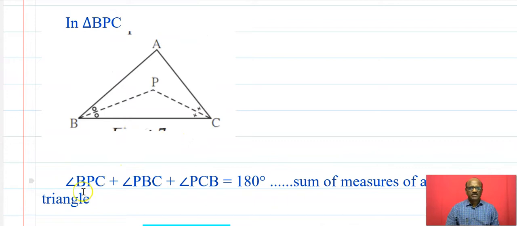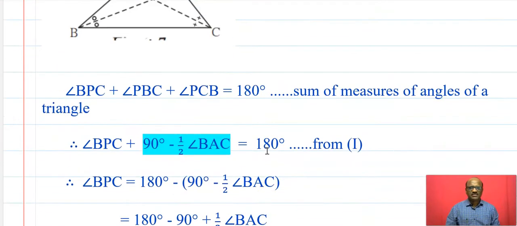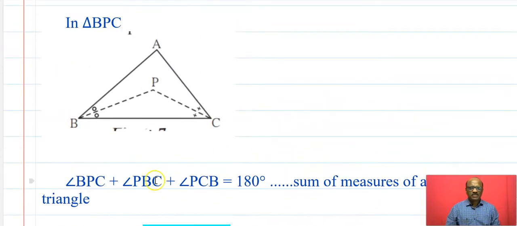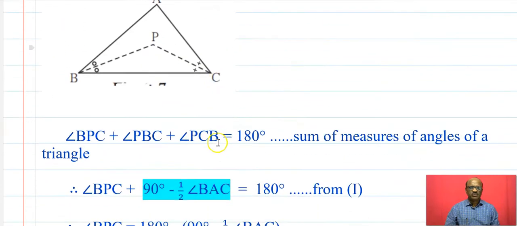Now in triangle BPC, measure of angle BPC plus measure of angle PBC plus measure of angle PCB is equal to 180. That is the sum of measures of angles of a triangle. Now here we substitute the value of PBC plus PCB, which is 90 minus 1 upon 2 BAC.